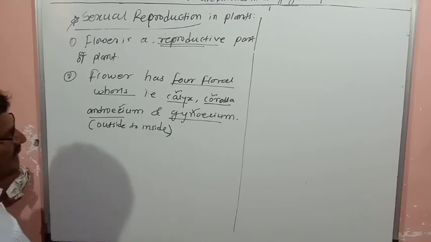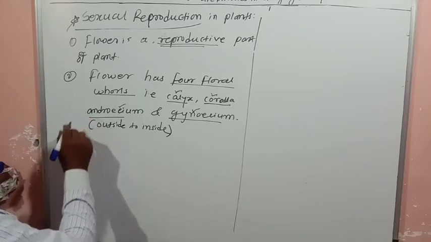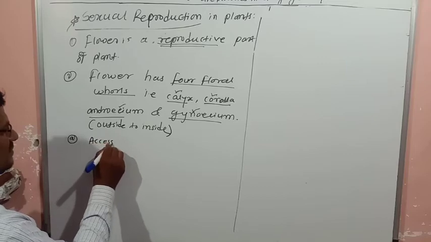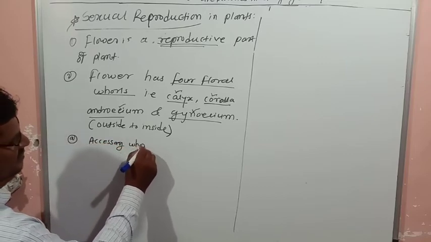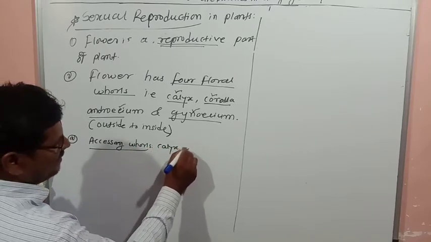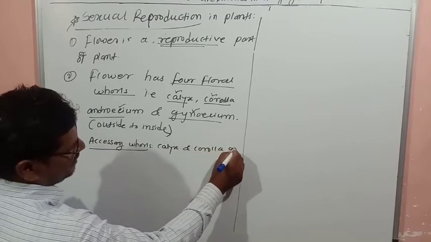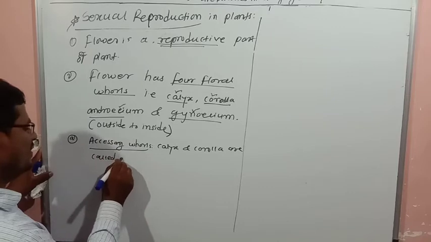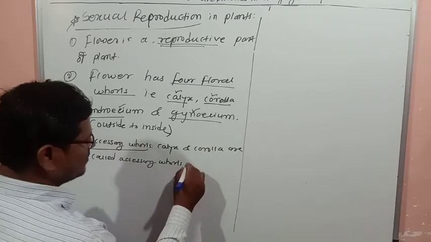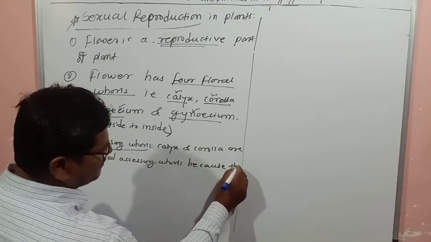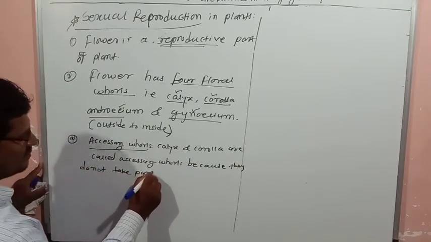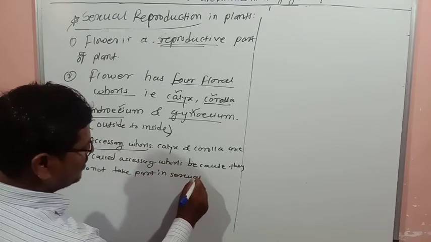Again, one more important thing: calyx and corolla are called accessory whorls because they do not take part in sexual reproduction.